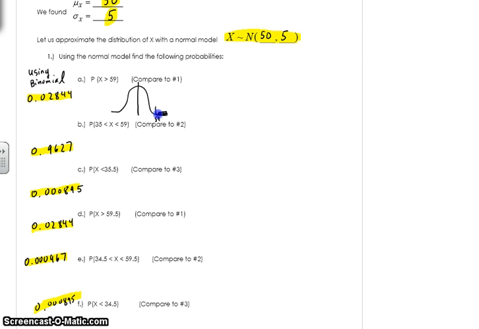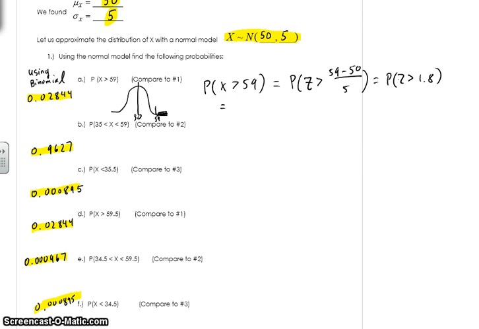We're going to find this little area right there. Well, we need to find the z-score. We're using a normal model here. We know the data aren't normal. We're just using it to see how close it is. So remember that a z-score is the value minus the mean over the standard deviation. We get a z of 1.8.